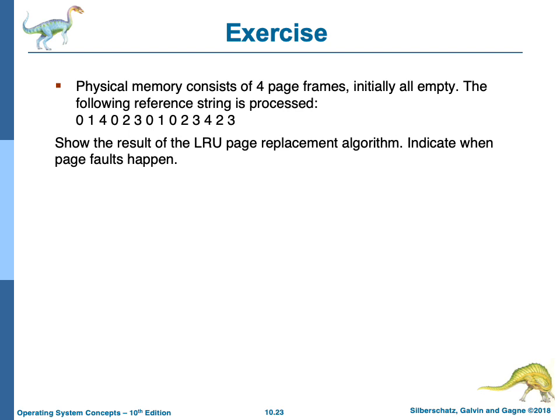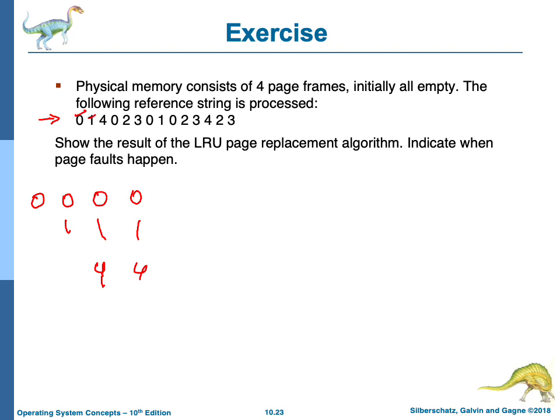And so another exercise here to practice least recently used. So we have 4 page frames. The first page fault for page 0, and then for page 1, and then for page 4, and then 0, 1, 4.